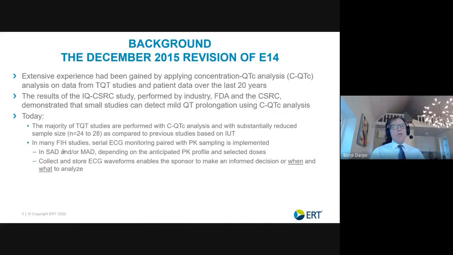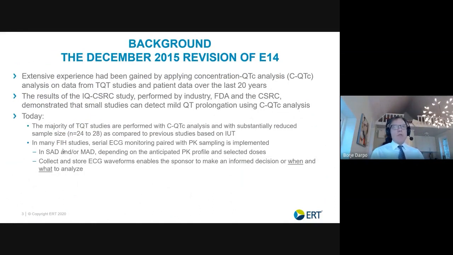So to give some context to this and some background, I would like to walk us back to the 2015 revision of the E14. By that time, extensive experience had been gained by regulators and by sponsors by applying concentration QTc analysis on data from therapeutic studies over 20 years, as a matter of fact.